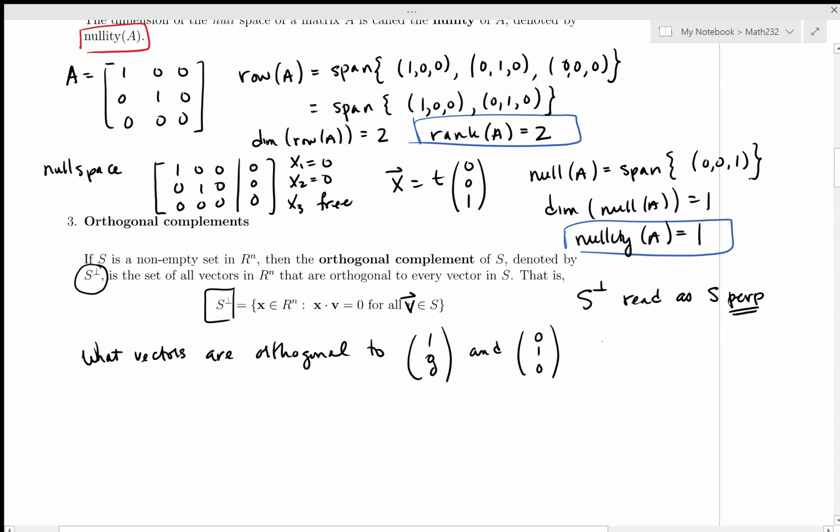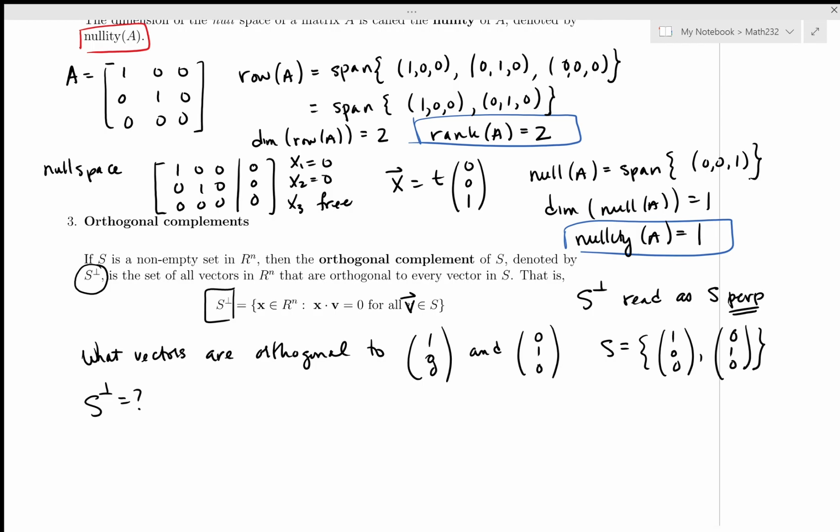To match up with the definition, S is the set of vectors in R3, and it's this set here. So I'm wondering what S perp is equal to. What vectors in R3 are perpendicular to both of those vectors? I want all of them.